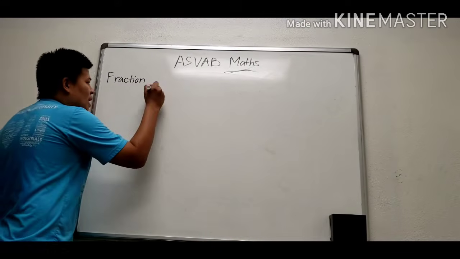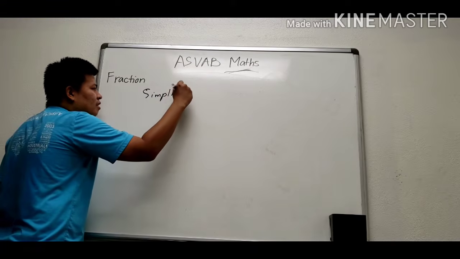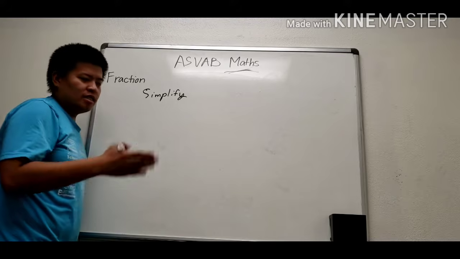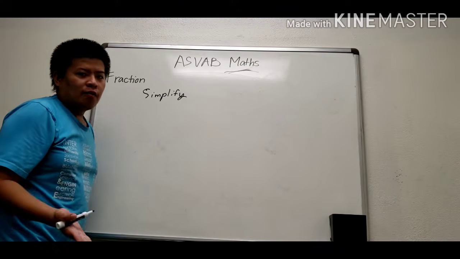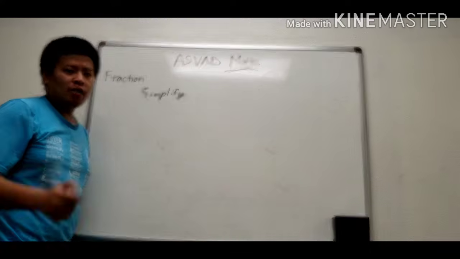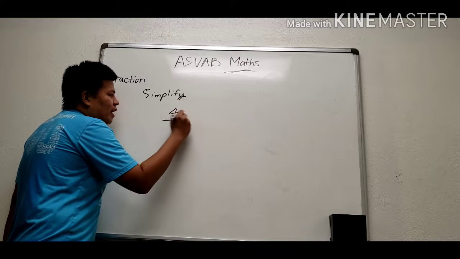The next one is about simplify. Simplify means we need to learn how to simplify the ratio and the fraction. We can use it for the ratio too. For example, we have 4 and 10.